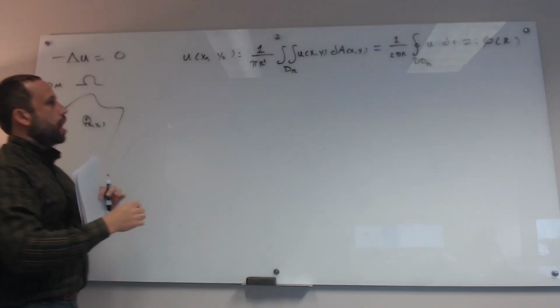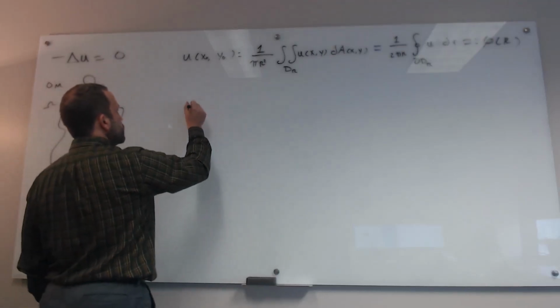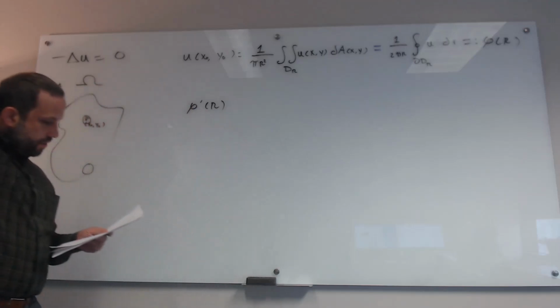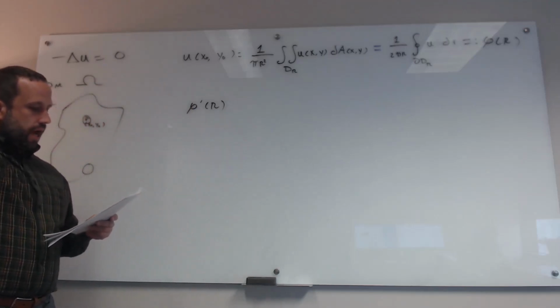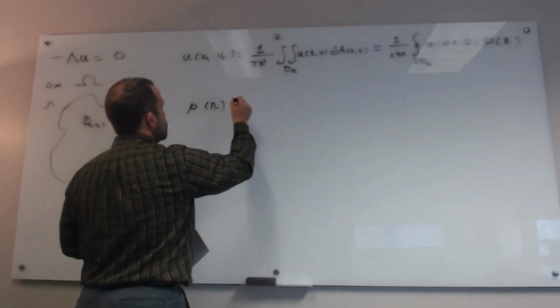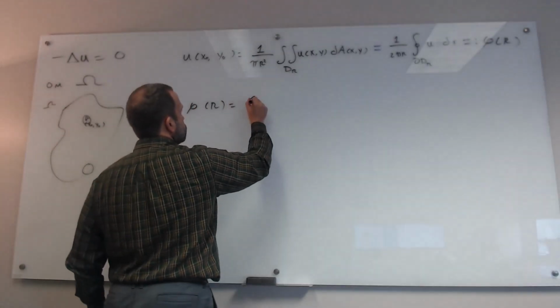Okay, so phi prime of r. How are we going to do this? Well, our variable appears in two places. And actually, before I even do this, I want to write this in terms of a parameterization.